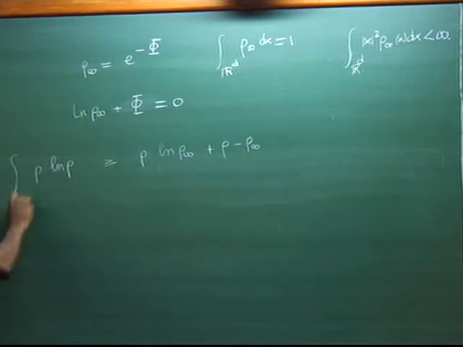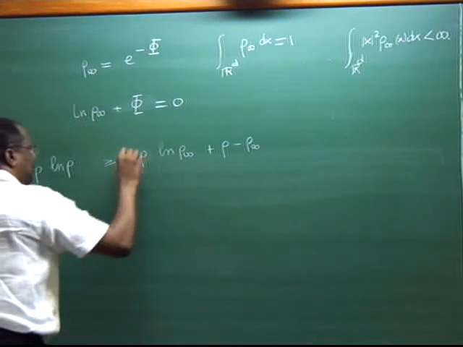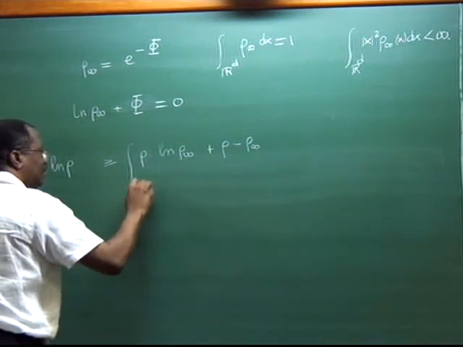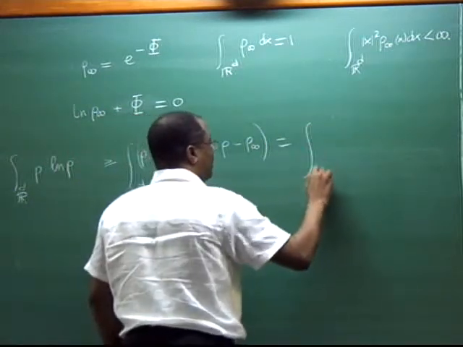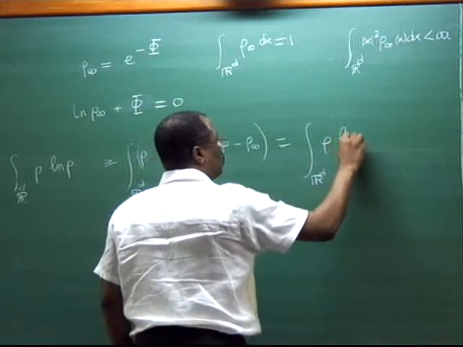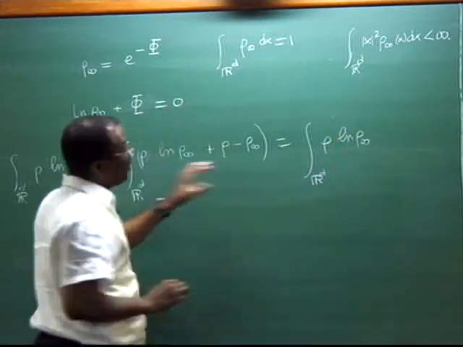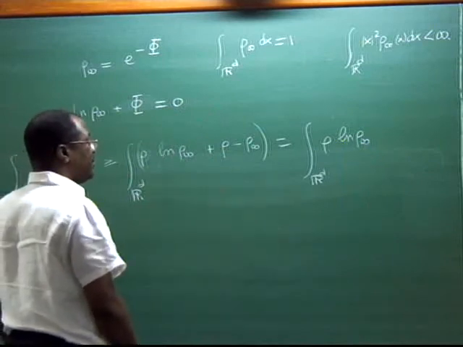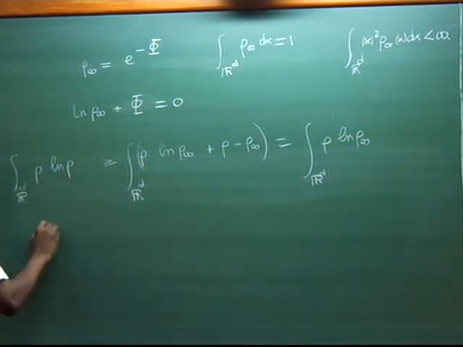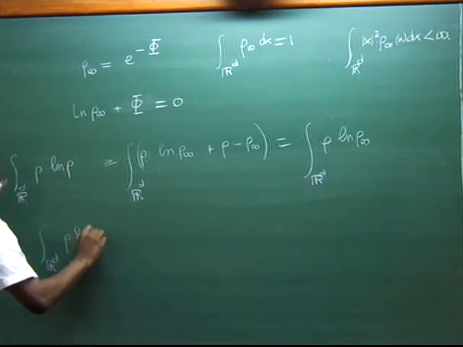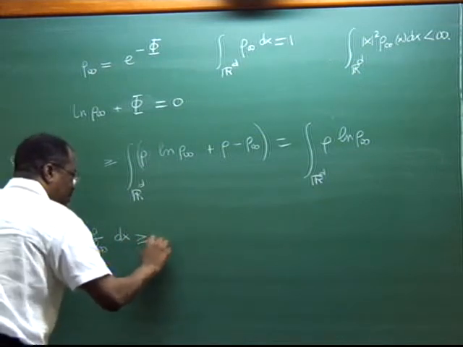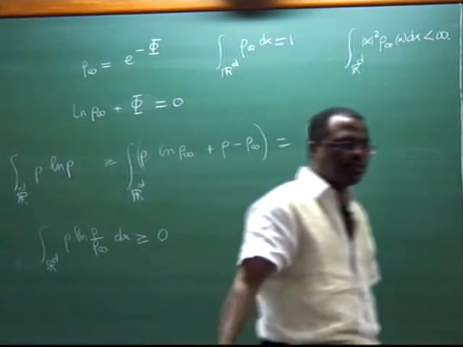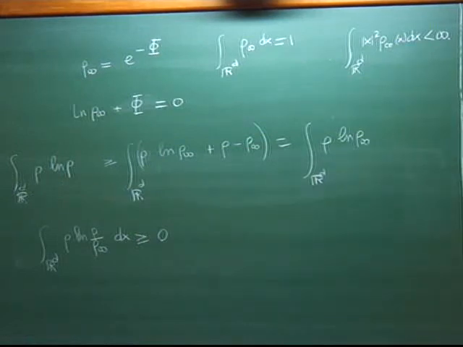And if I integrate over R^d, this is the integral over R^d of rho log of rho infinity, because the integral of rho is 1 and the integral of rho infinity is 1. And so I get that the integral over R^d of rho log of rho divided by rho infinity dx is bigger than or equal to 0. So I am reproving Jensen's inequality.